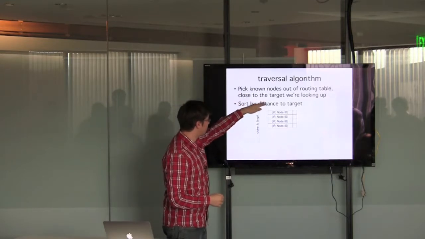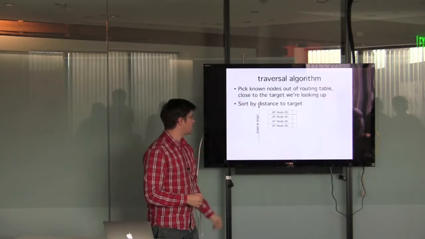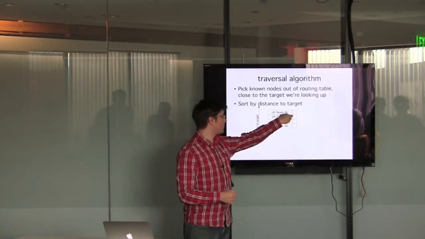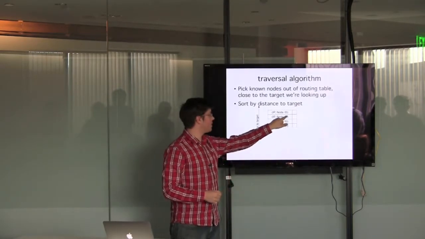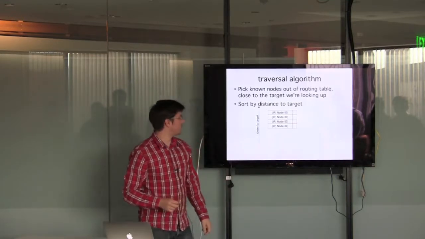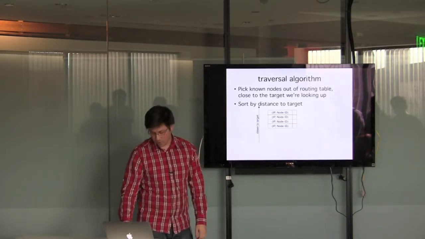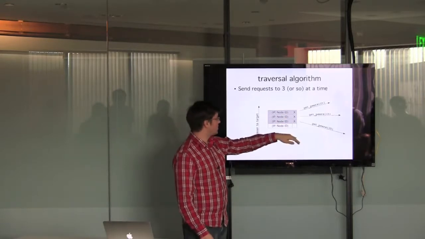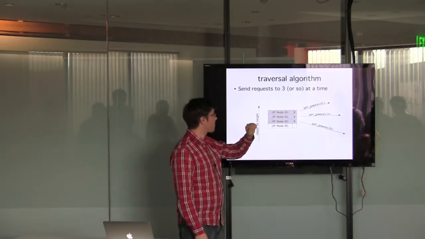So this is supposed to illustrate this sorted list of IP and node ID, and a little checkbox here for if you've already asked that peer. So the first thing you do is you send get peers to these 3 nodes.